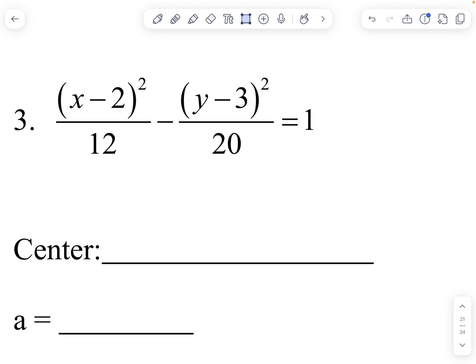Since the positive term starts with an x in standard form, this is a horizontal hyperbola. Then that would mean that our center is at 2, 3.